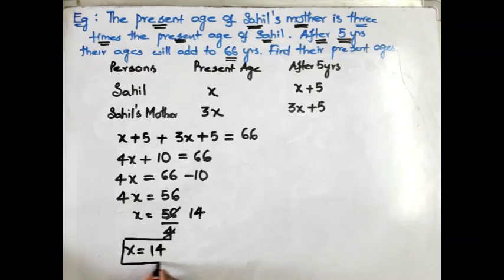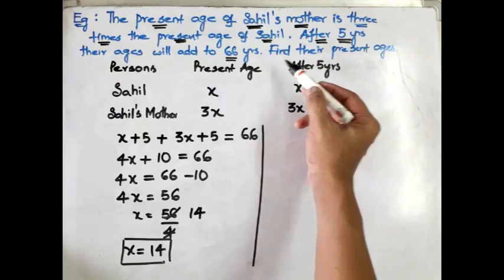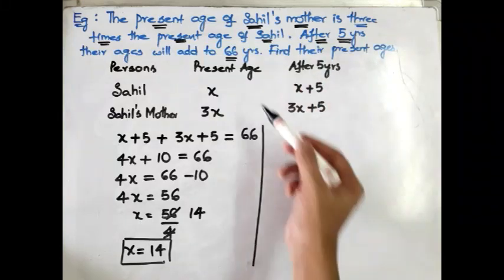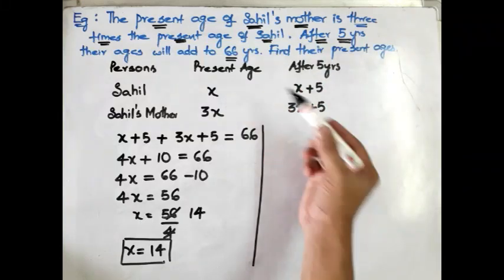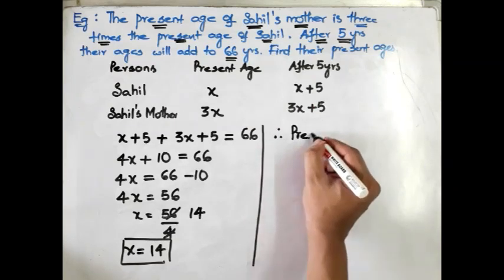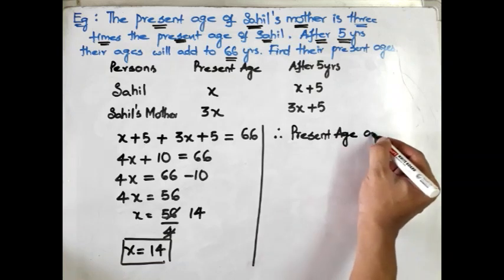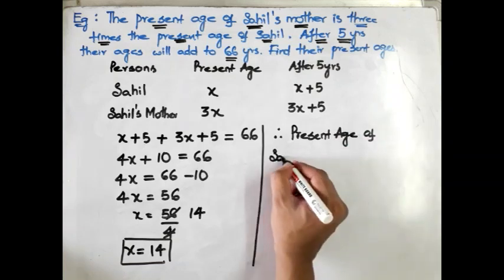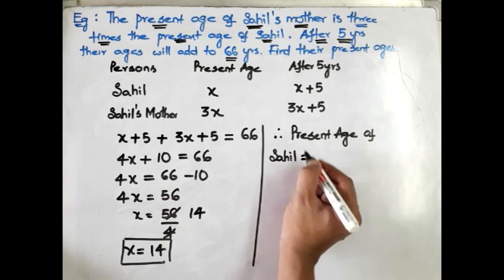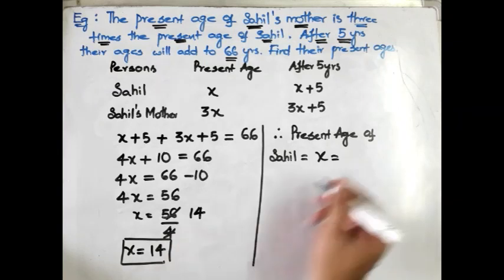Now look. What exactly they asked is to find their present ages. What is the present age of Sahil? Present age of Sahil is x, and we got the value of x as 14.